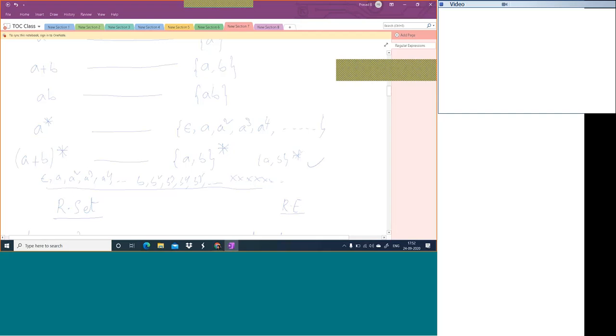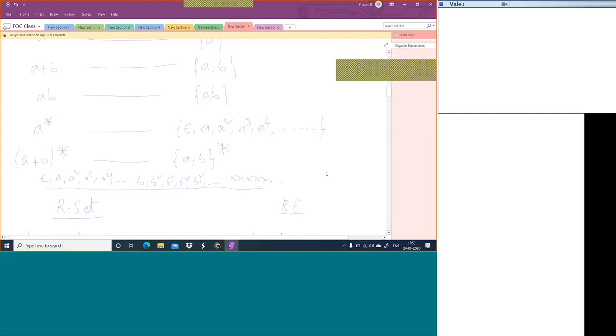So all the strings we can write using the combination of A and B, that is epsilon, only A's, only B's, any combination of A and B. We cannot represent that in set form, so that is why I simply wrote it like this. So these are the sets of strings represented by this regular expression.